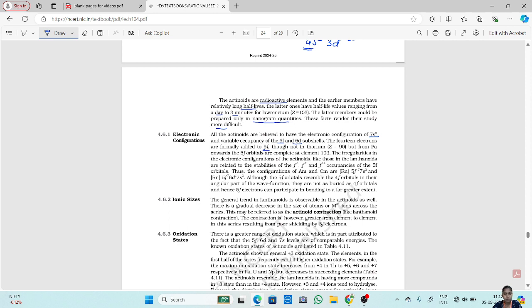Thorium is an exception where no 5f orbital is occupied. The 5f orbitals start filling from protactinium and complete at lawrencium.